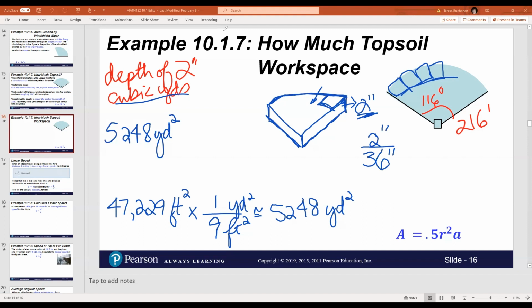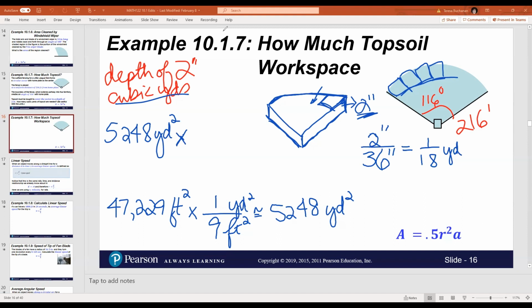I hope I'm thinking of this right. 2 inches out of 36 inches. In other words, that 2 inches as if it were cubic yards, so that I can multiply in with the yards. It's basically 1 out of 18, 1/18 of a yard. 2 inches is 1/18 of a yard.